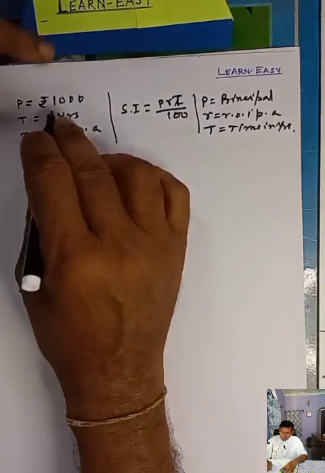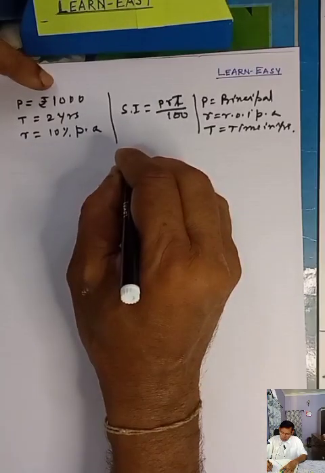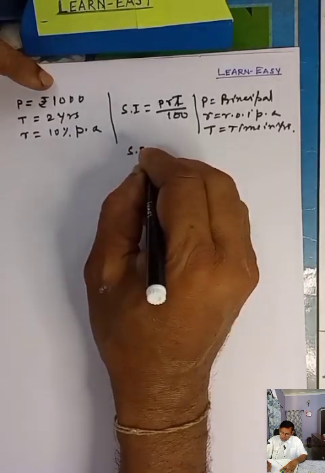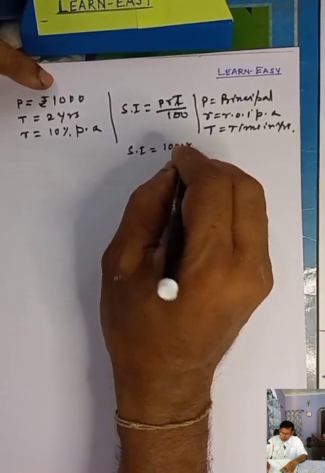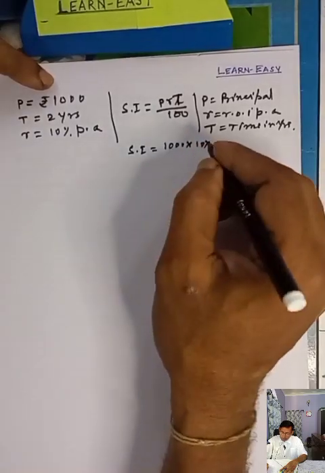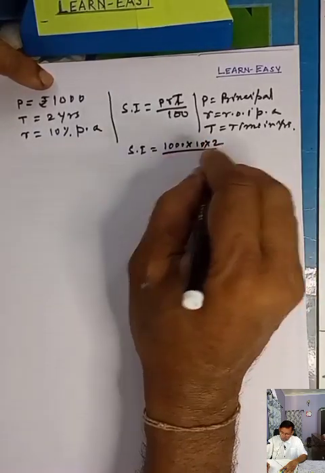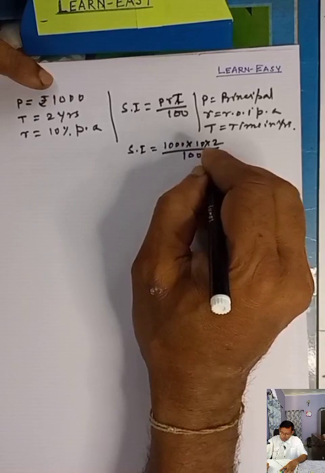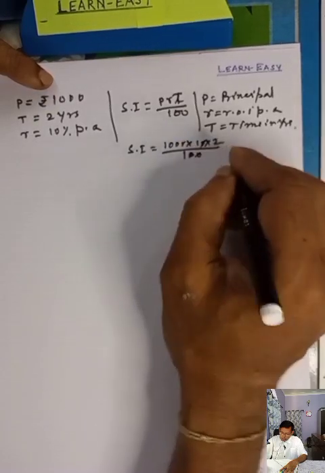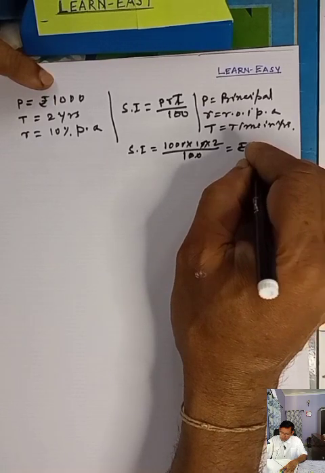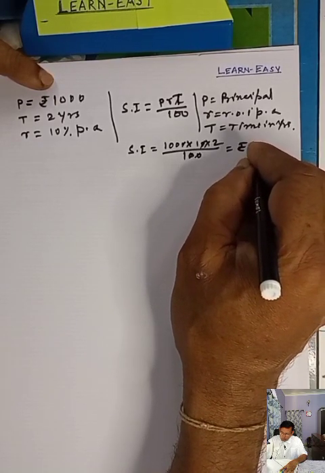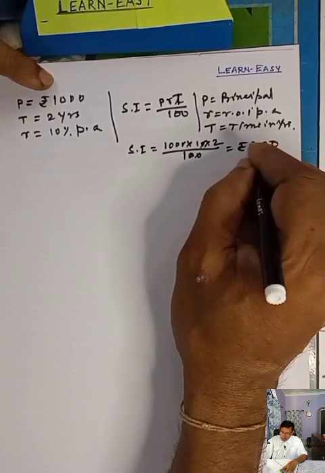So for rupees 1000, simple interest for 2 years will be 1000 into 10 into 2 divided by 100, is equal to rupees 200.